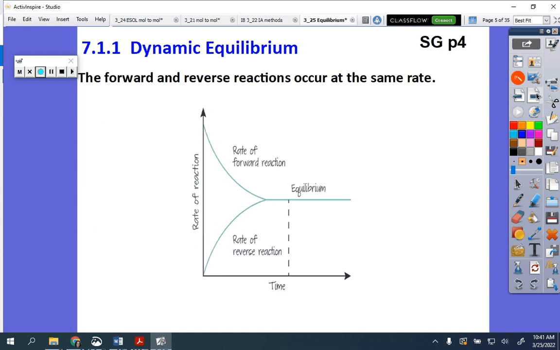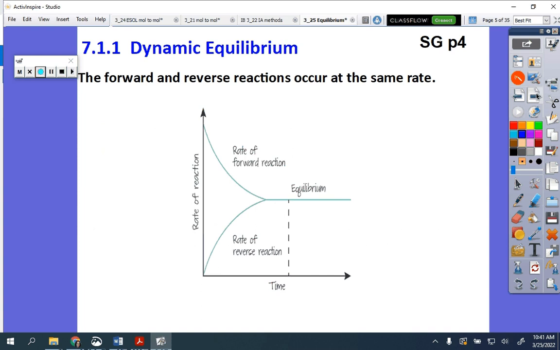At the beginning, the rate of the forward reaction is going to be highest and the rate of the reverse reaction is going to be 0, because all we have are the reactants that we put in. We don't have any of the products yet to turn back into reactants. But as the forward reaction continues, we're going to start running out of reactants.